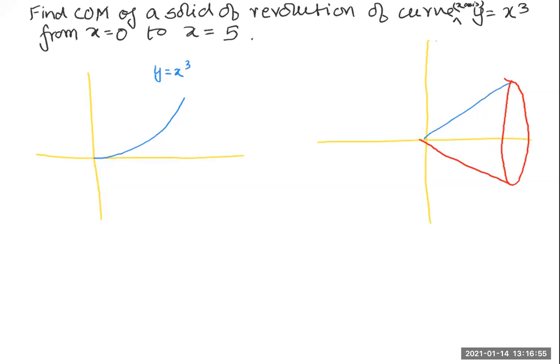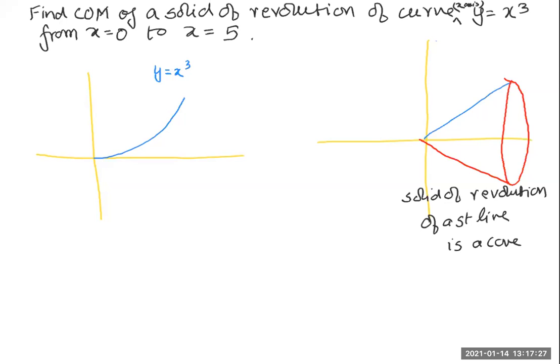Okay? So the solid of revolution of a straight line is a cone. Right? So basically this blue line is made to rotate about the x-axis, and whatever path it sweeps out is considered to be a solid.